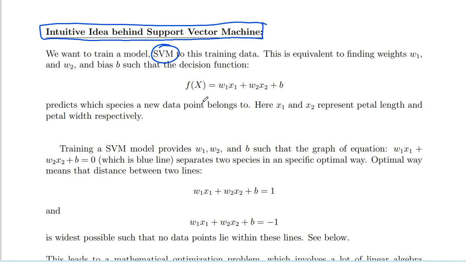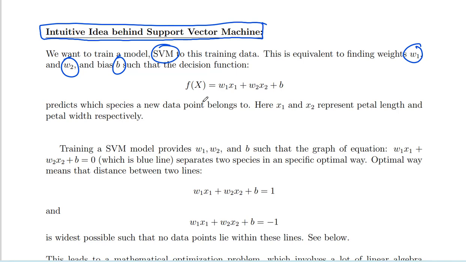Training a data set or fitting a data set to a model means, in this support vector machine model, we want to find these weights: W1 and W2, and B, which we call bias or coefficient. Sorry, B is called the intercept. W1 and W2 are called coefficients.